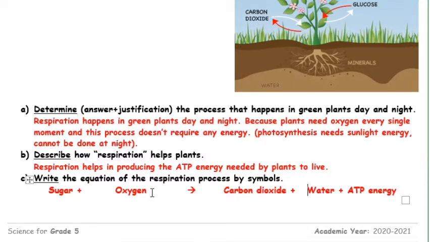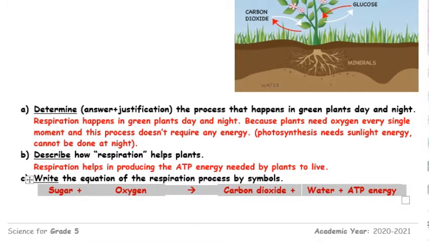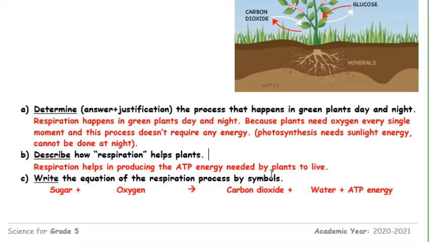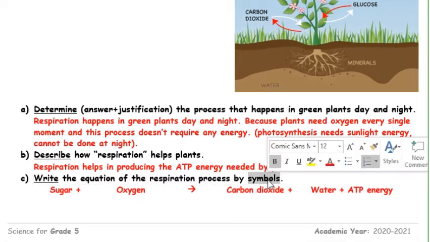So this is the equation of the respiration process that happens in plants, and not by symbols, by names.